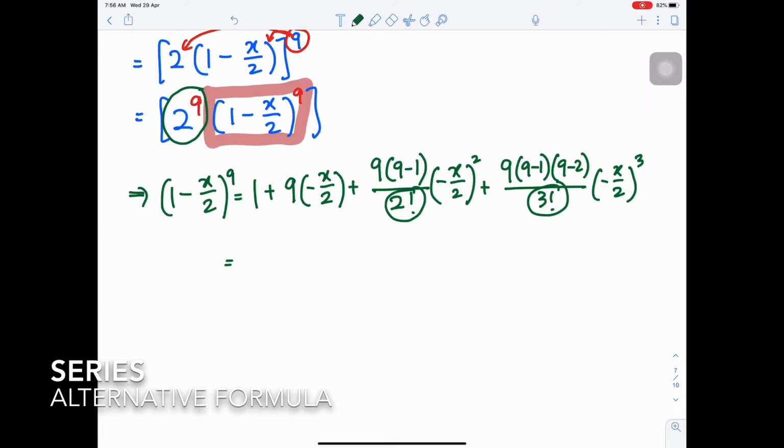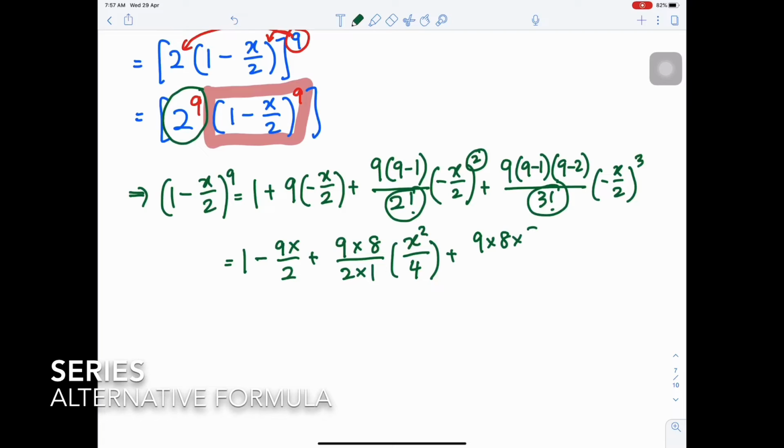Then simplify: 1 minus 9x over 2, plus 9 times 8 over 2 times 1, and because of the square, x squared over 4, plus 9 times 8 times 7 over 3 times 2 times 1 times negative x cubed over 8.